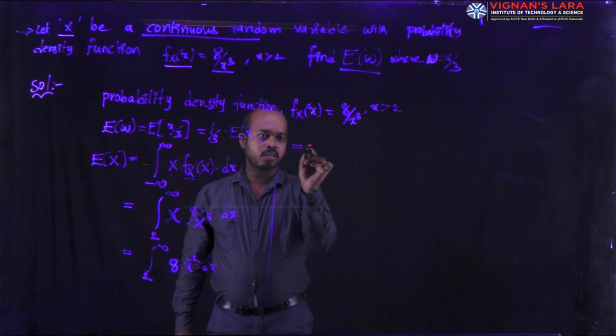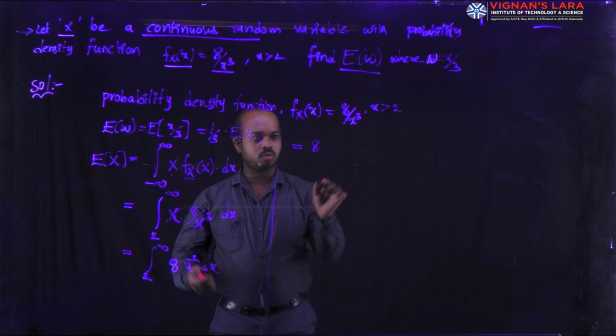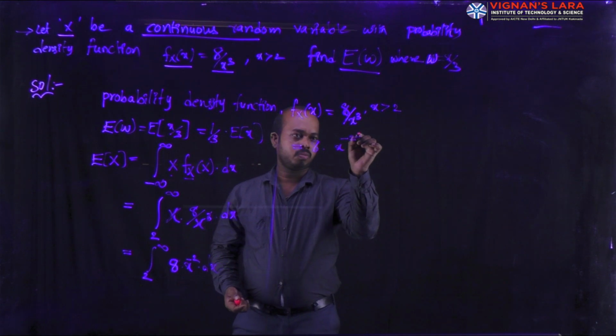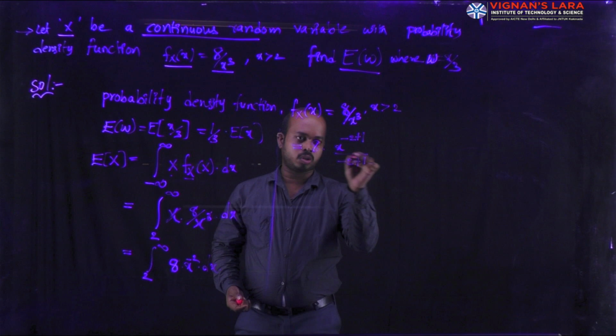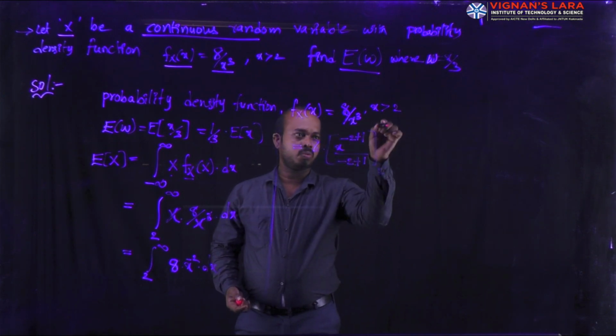Here you write 8 into the integration of x power minus 2, which is x power minus 2 plus 1 divided by minus 2 plus 1, with limits 2 to infinity.